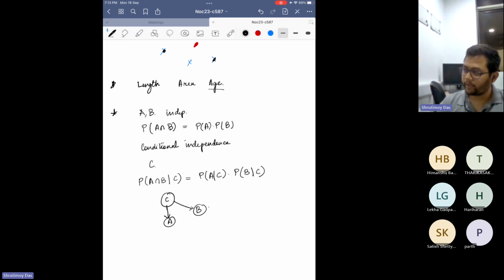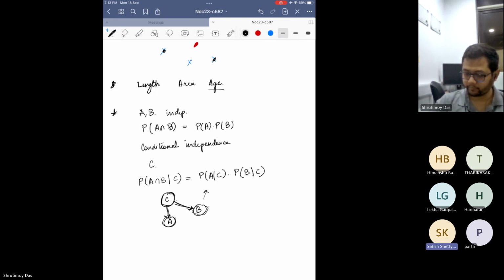Here A and B are said to be conditionally independent, because once event C occurs, only then you can have event A or event B. The probability that A and B occur can be written as the probability that A occurs after C, independent of the probability of B occurring after C. That is what is meant by conditional independence in this situation.